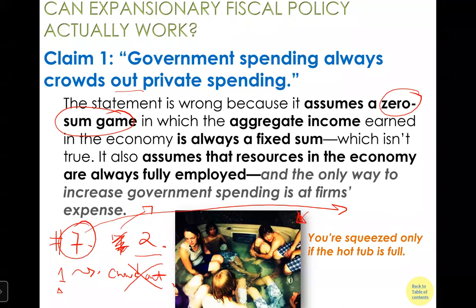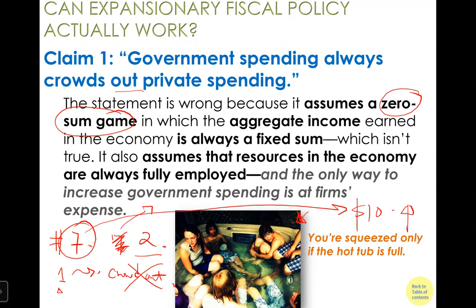Now this government spending is going to elevate the jacuzzi, so you're able to accommodate 10 guests, right? So in that sense, it won't reduce the existing guests' welfare.